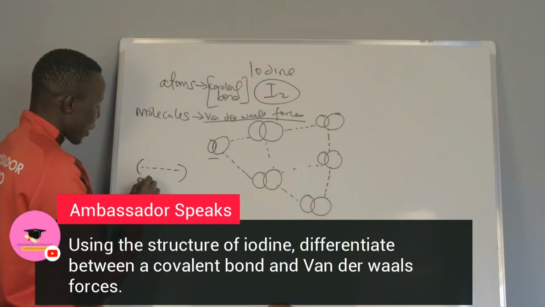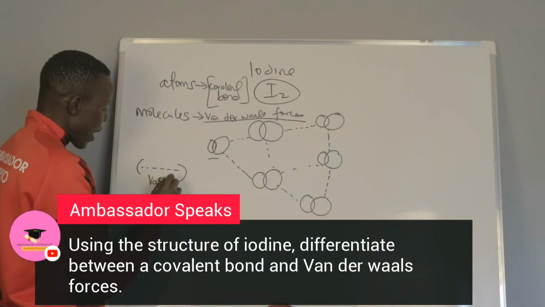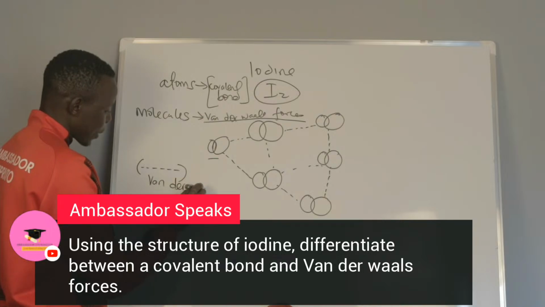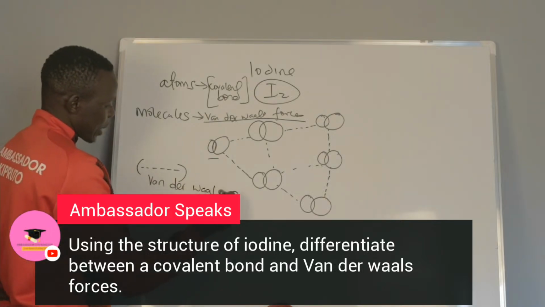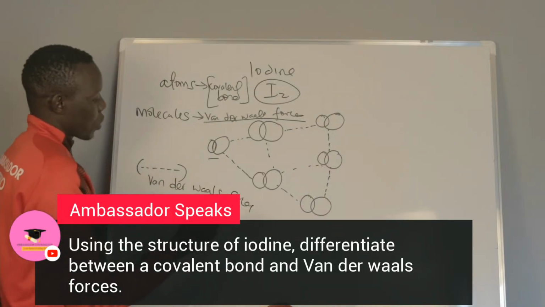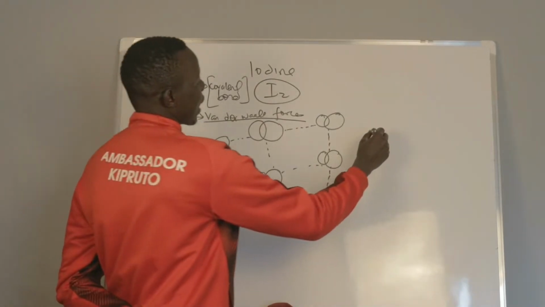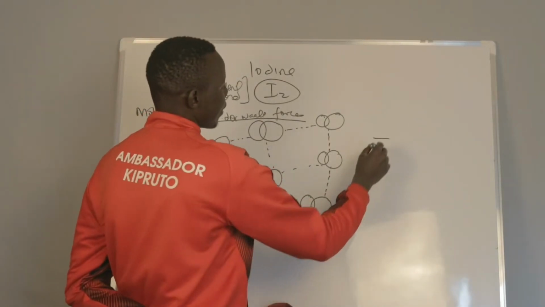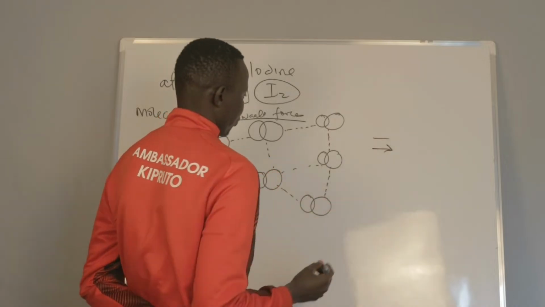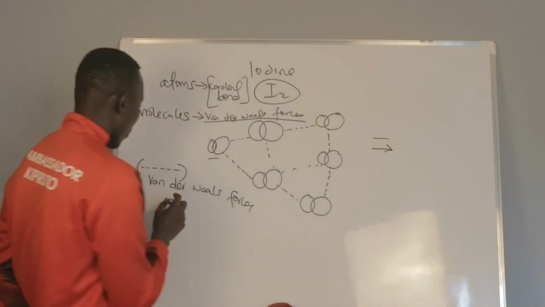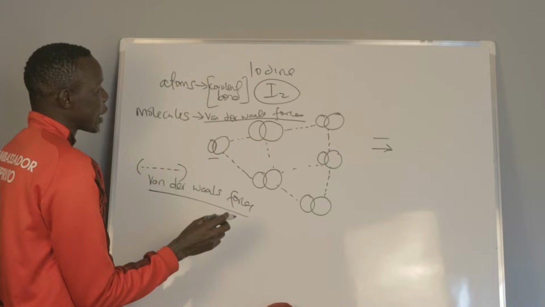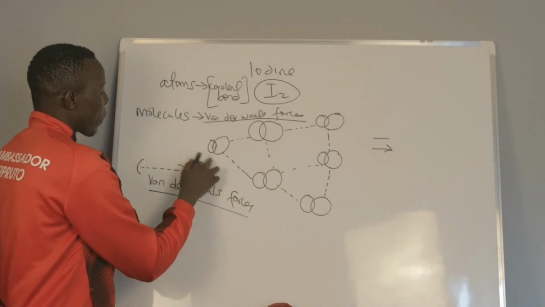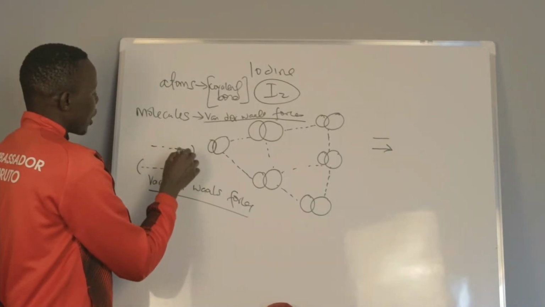When you see something like this, that is van der Waals forces. Covalent is a dash, dative has an arrow, and van der Waals, because it is very weak, is denoted by a dotted line.